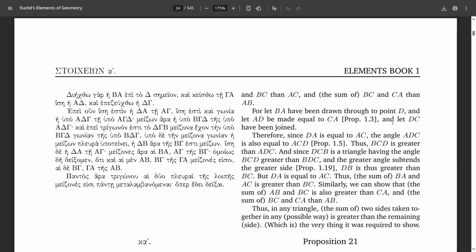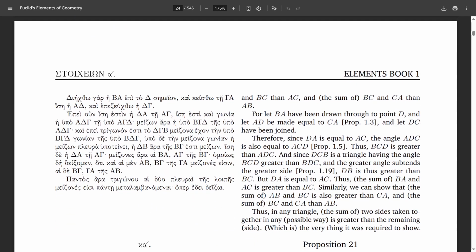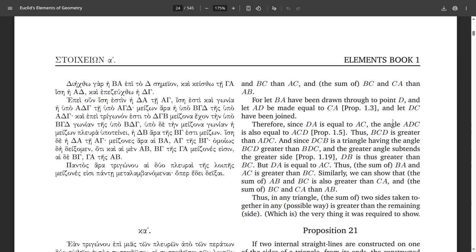Okay, I should have mirrored the triangle that they have on there better, because otherwise you can sometimes completely miss it. I messed up with my triangle. It's not the same shape, it's a little wonky, but that's okay. Therefore, since DA is equal to AC, the angle ADC is also equal to ACD. So let's make a tick mark here, because AC and AD are equal.